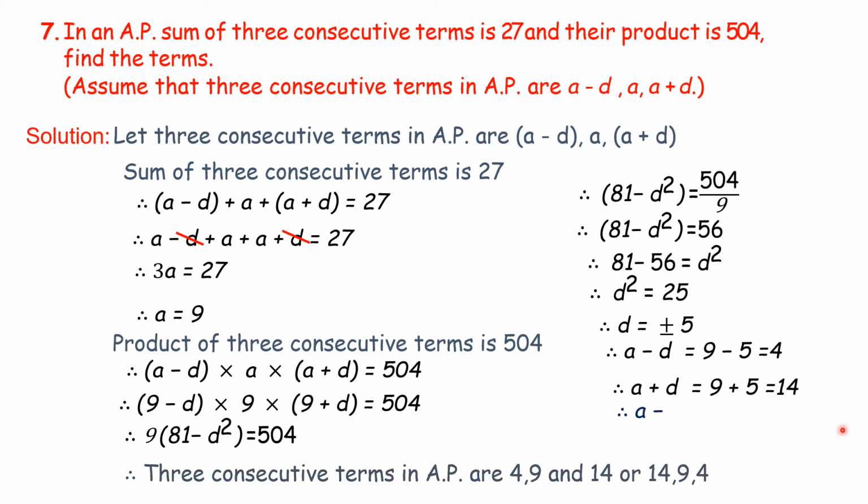Similarly, for minus 5, a minus d is 9 plus 5 is equal to 14, and a plus d is 9 minus 5 is equal to 4. Therefore, the consecutive terms are 4, 9, 14 or 14, 9, 4.